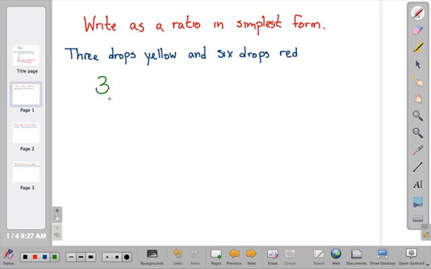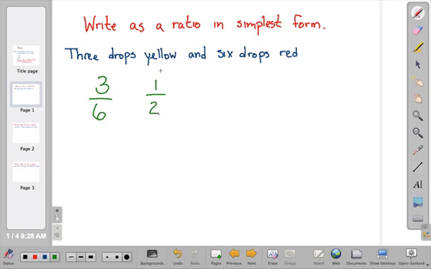And I'm going to write mine as a fraction. So I have the 3 written up here in the numerator, and I'm going to put the 6 down here in the denominator. And the directions said to write it in simplest form. So I would simplify. What goes into both 3 and 6? 3 does. So in simplest form, 3 goes into 3 once, and 3 goes into 6 2 times.